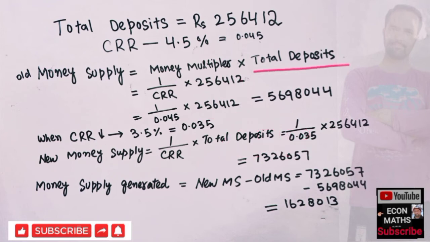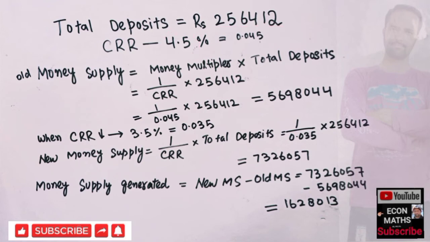So when we multiply this, we have 1 upon 0.045 times the initial deposits, we get this very figure here, that is 56 lakh 98,044 rupees that will be generated if CRR is 4.5% and initial total deposits are 2,56,412.